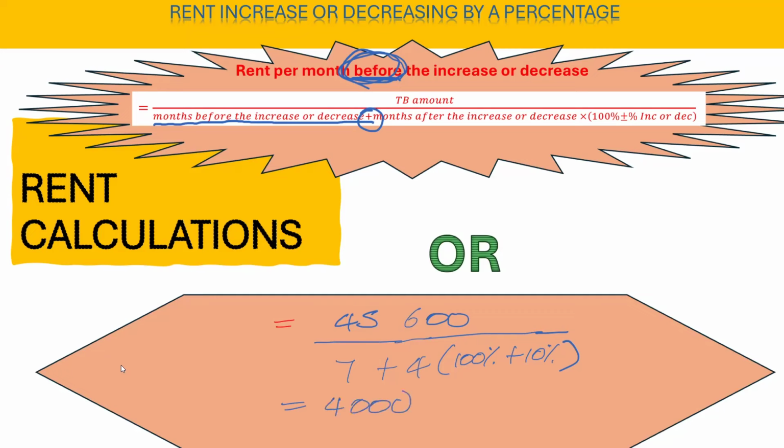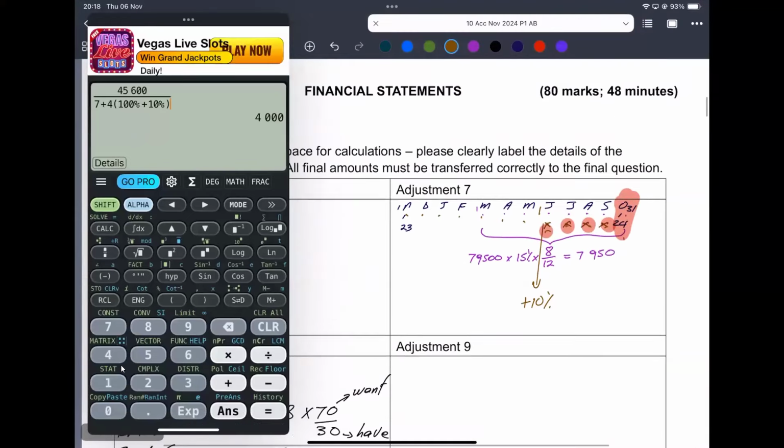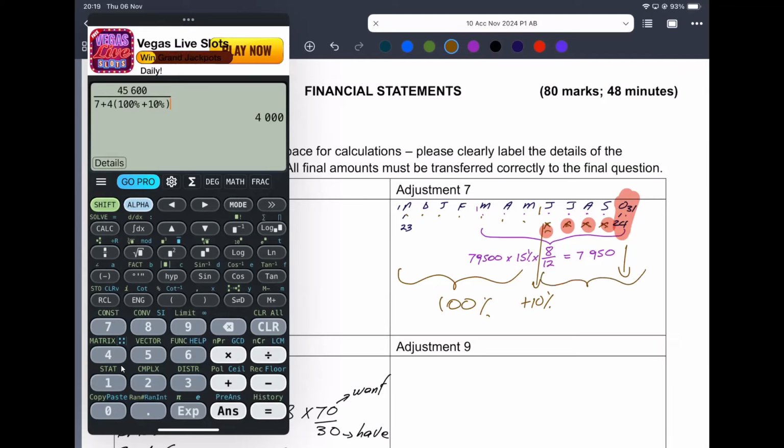But you will have noticed that March is after the financial year. So already in this month, rent had already increased. So rent was no longer at 100% like it was here. Remember here it was at 100%. But from this period up until whenever it was no longer at 100% because it had increased by that, it's now 110%.